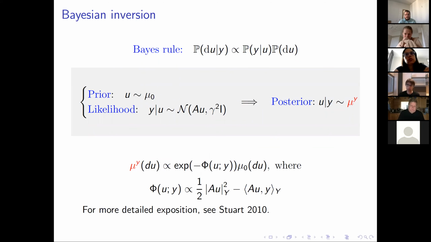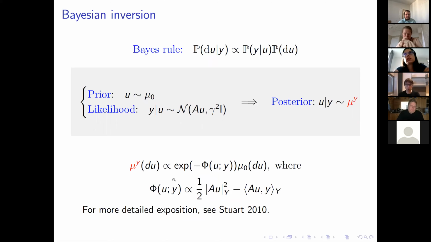I know everybody listening now is familiar with Bayesian inverse problems, but just to set the notation. My prior here is mu naught, and the likelihood is given in this construction as a Gaussian measure. Au is the mean, and the white noise statistics gives me the covariance, and those together give me a posterior measure.